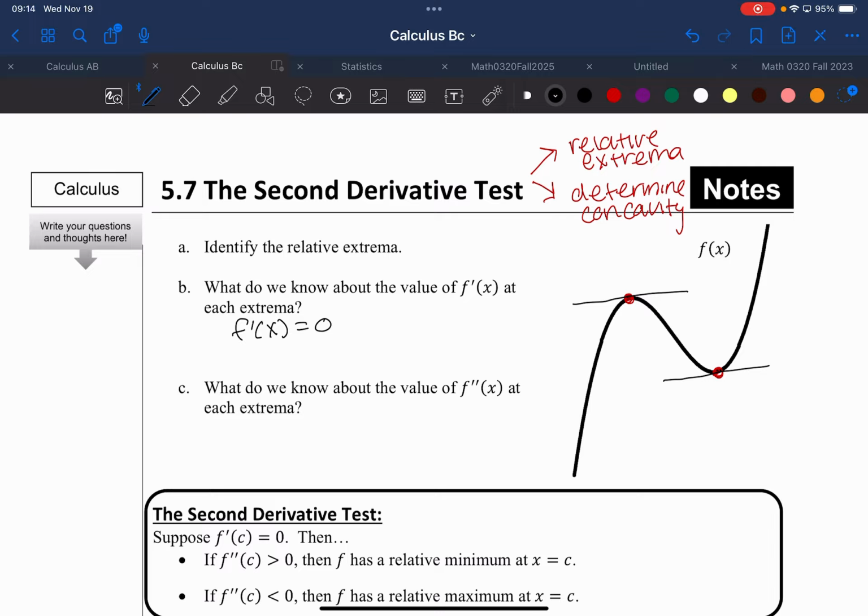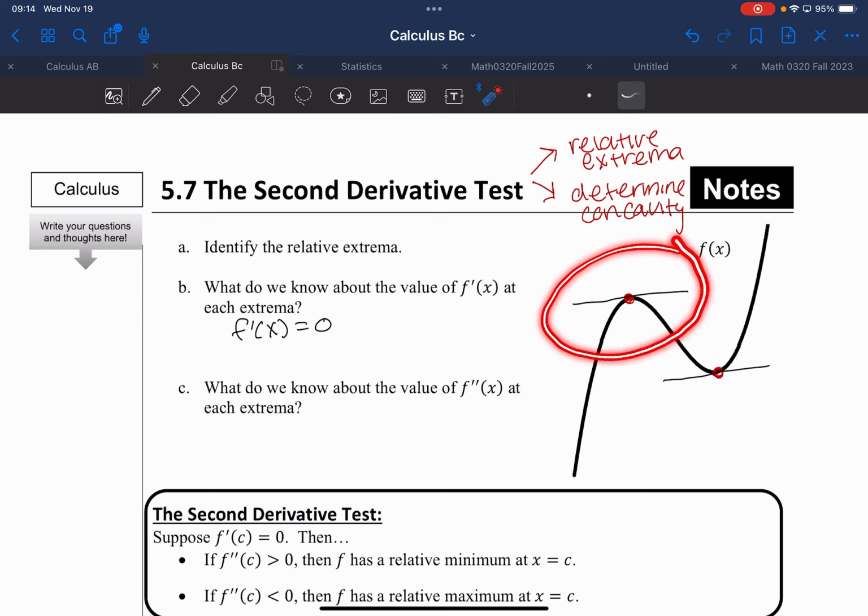Okay. Then it says, what do we know about the value of f double prime of x at each extrema? Okay, so for example, what would we know about this one up here? It does change signs. So looking at just this point, is this concave up or concave down? Concave down. And when it's concave down, we know the second derivative is positive or negative?